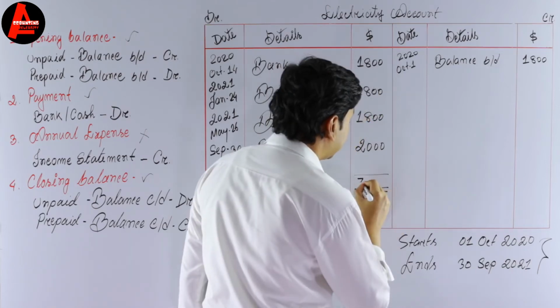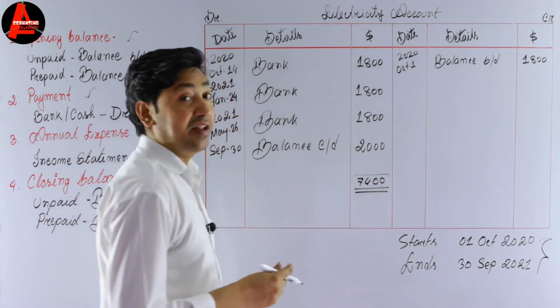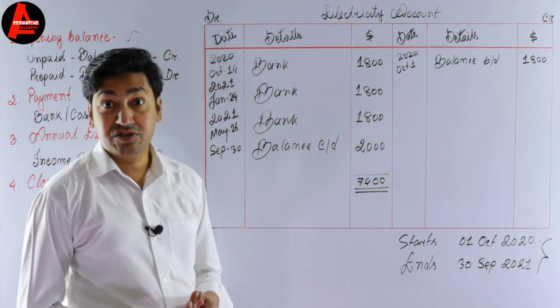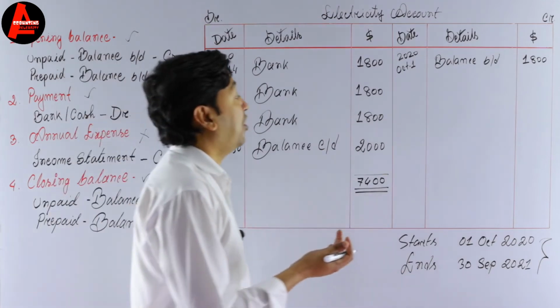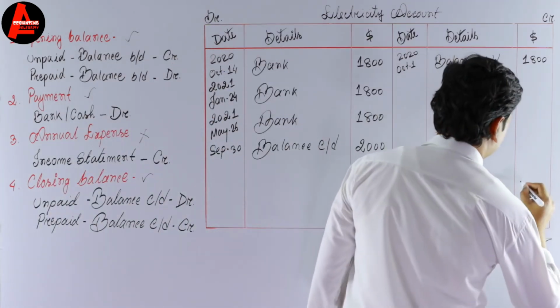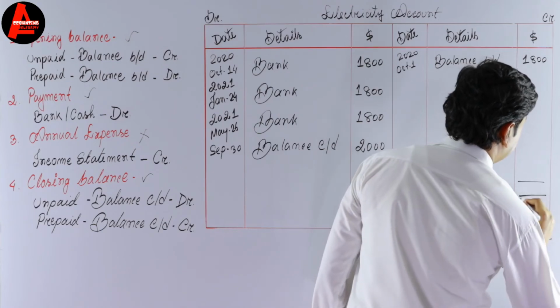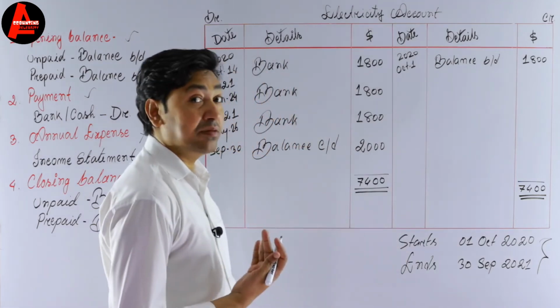It is $7,400. Now we will take these totals to the opposite side, the opposite dollar column on the credit side. So let us write here the totals, which is $7,400.